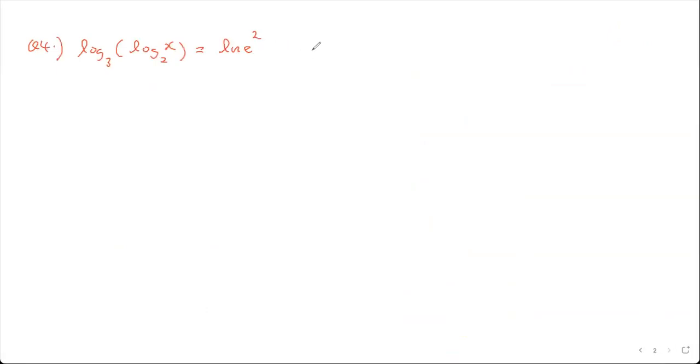So technically, ln e squared is log e squared base e. If you apply the rule, you bring the 2 in front, you get log e base e, and if you recall, this is equal to 1. So this whole thing is just equal to 2.